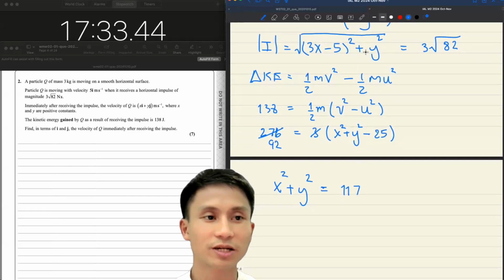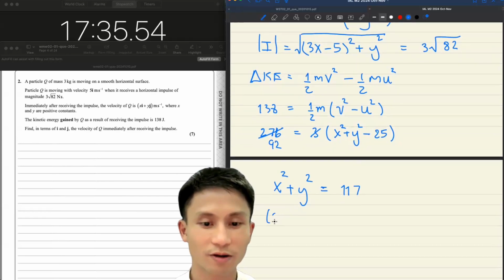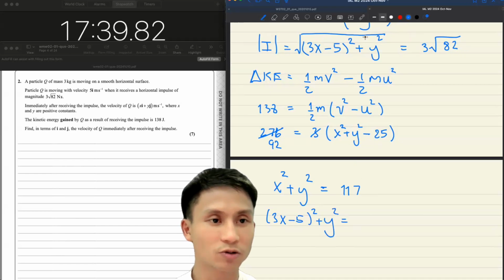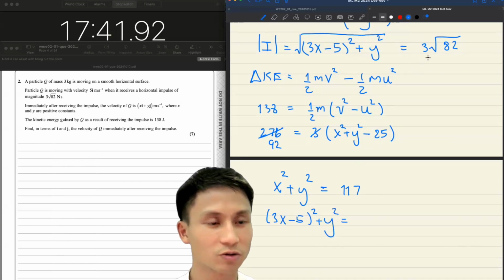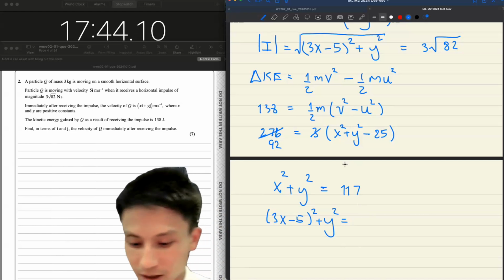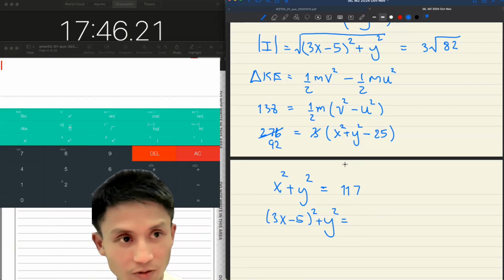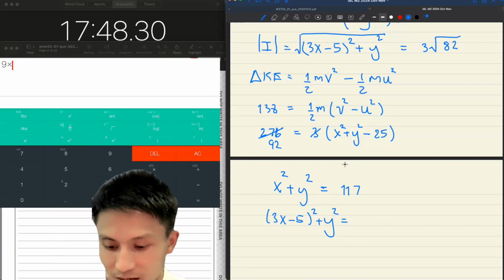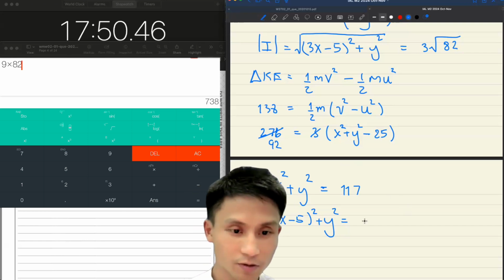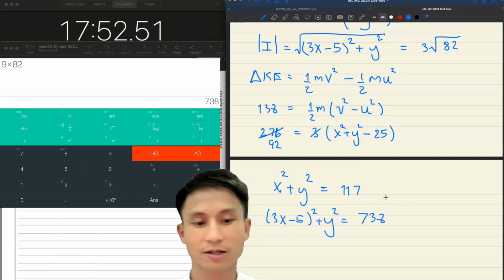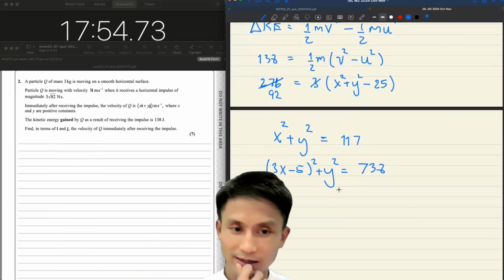And if you bring this equation down, okay, so you have (3x minus 5) squared plus y squared. I'm squaring both sides, so that square root goes away. This one will be 3 squared, which is 9, times 82. Okay, so that's 738. So what are we going to do with these?